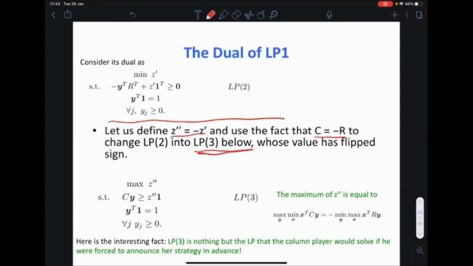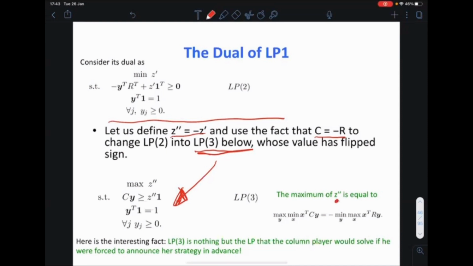LP3 is the same as the LP problem we formulate from the row player's perspective. From their perspective, they want to maximize this Z double prime.